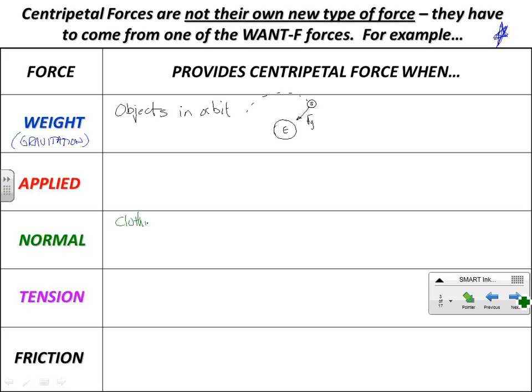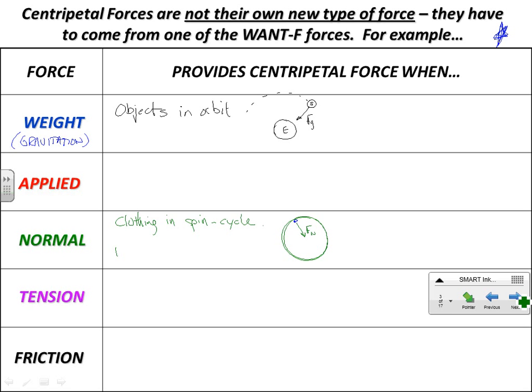Clothing in a spin cycle. Spin cycle is a washing machine cycle. They're trying to get all the excess water out of there. The washing machine drum looks like this. Here's a pair of socks. And no matter where the pair of socks are, the normal force points in towards the center, as this thing spins around.